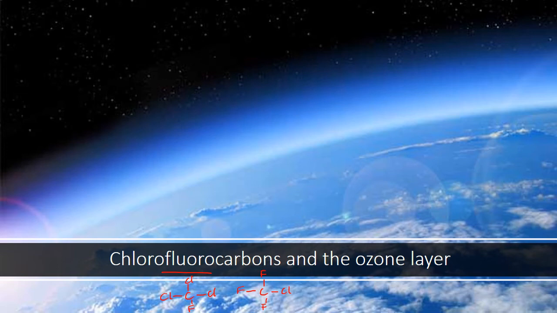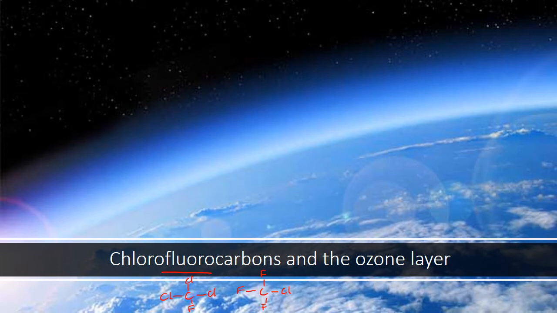And also you could have more than 1 carbon in there. So there's lots of chlorofluorocarbons. We've got 2 examples there, and the reason they're interesting is that they used to be destroying the ozone layer. Unless we continue to be careful, they would finish the job, and we'd all get fried by the sun's ultraviolet radiation.